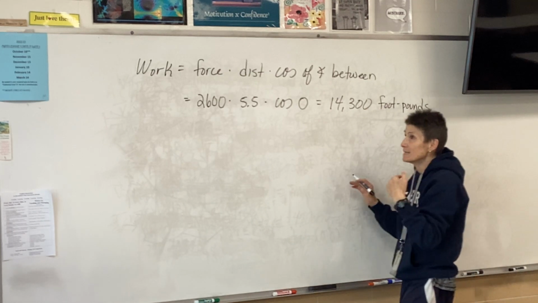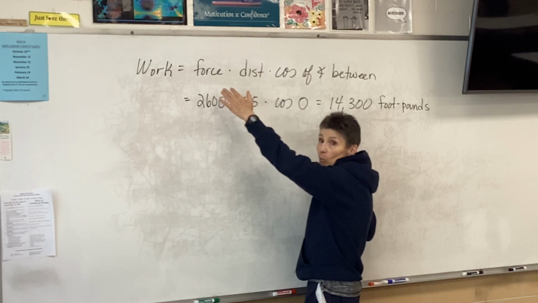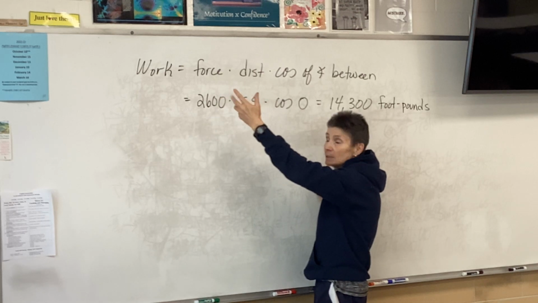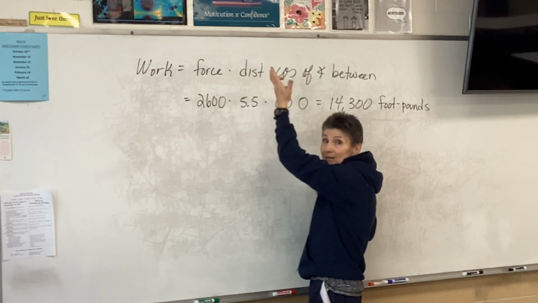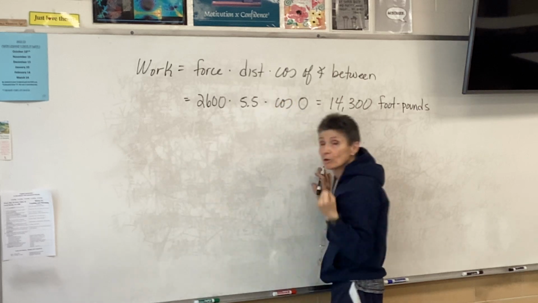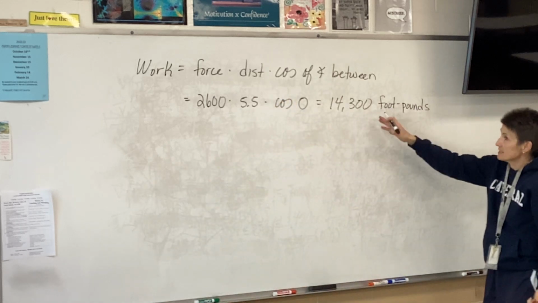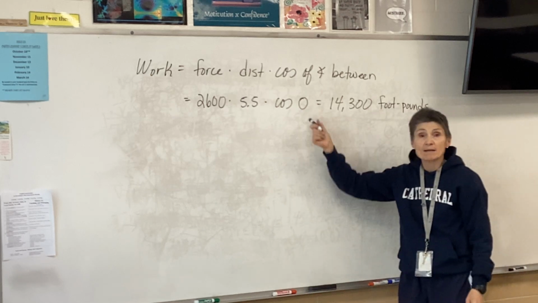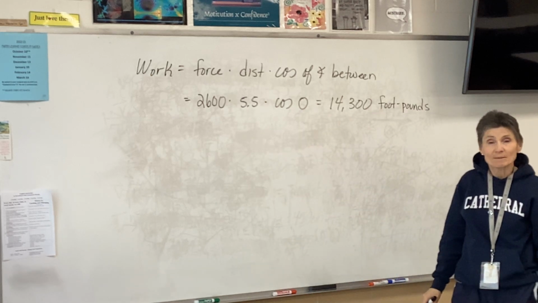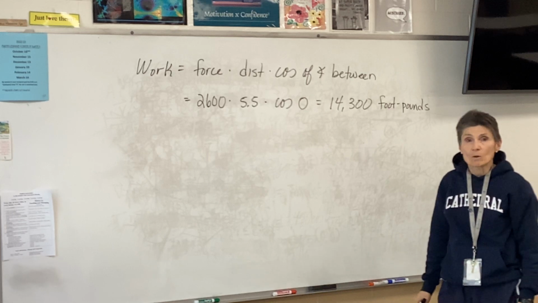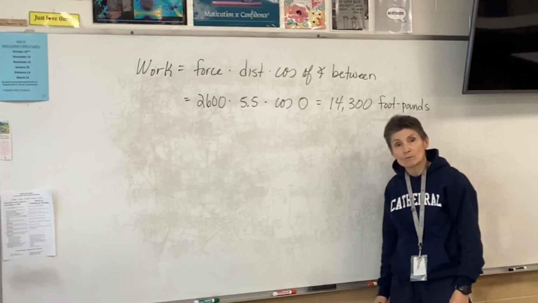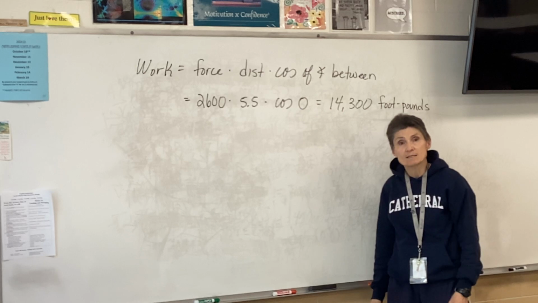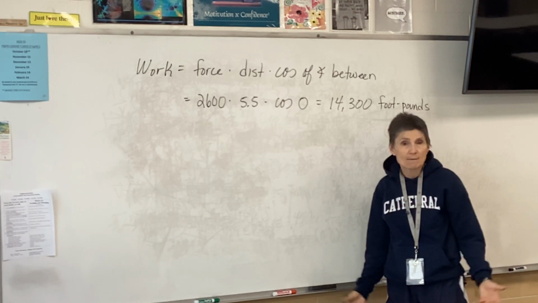You are moving something that weighs pounds a distance in feet. So the work that you exert, in this case, is 14,300 foot-pounds. By the way, the cosine of 0 is 1, right? So if the force and the distance are acting in the same direction, then it's just force times distance.